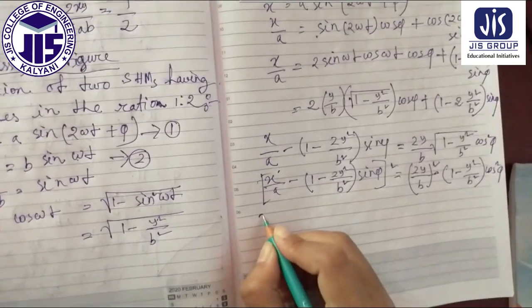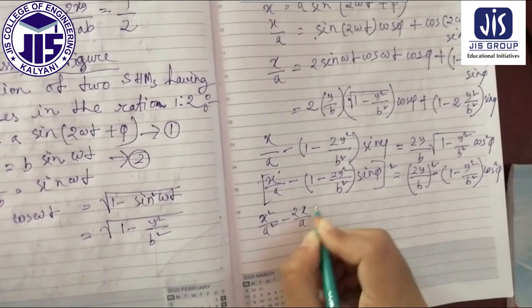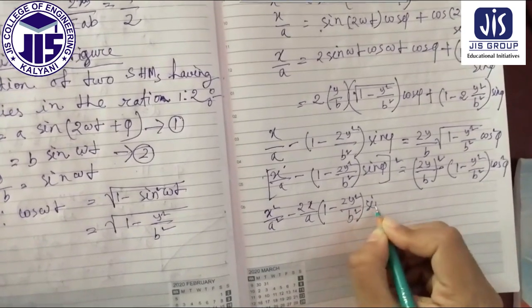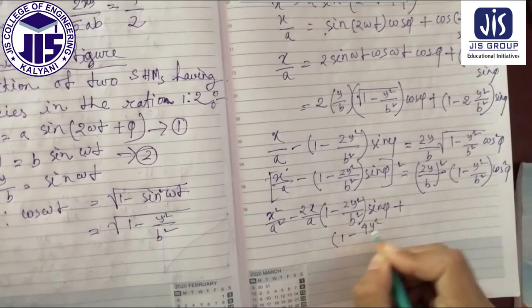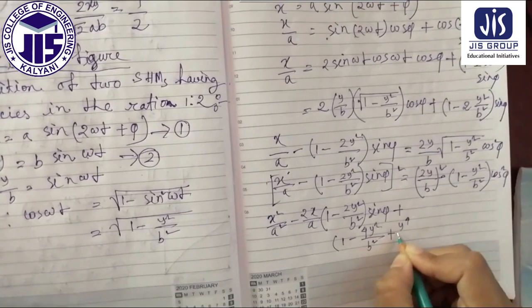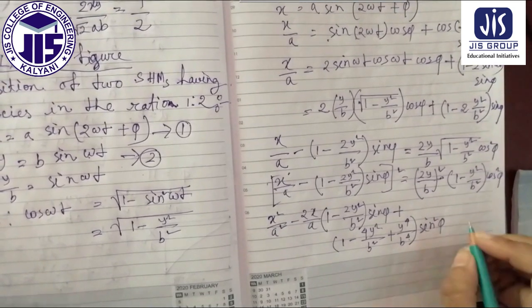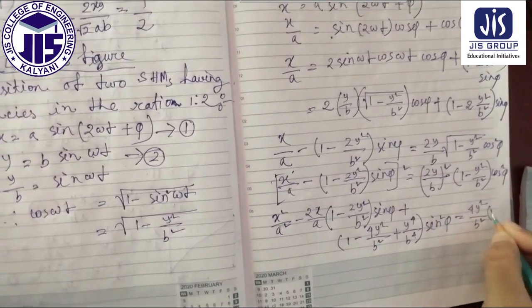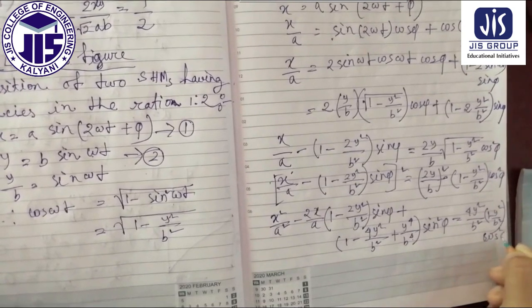So therefore x square by a square minus 2x by a into 1 minus 2y square by b square sin phi, plus 1 minus 4y square by b square plus y to the power 4 by b to the power 4 into sin square phi, equal to 4y square by b square into 1 minus y square by b square cos square phi.